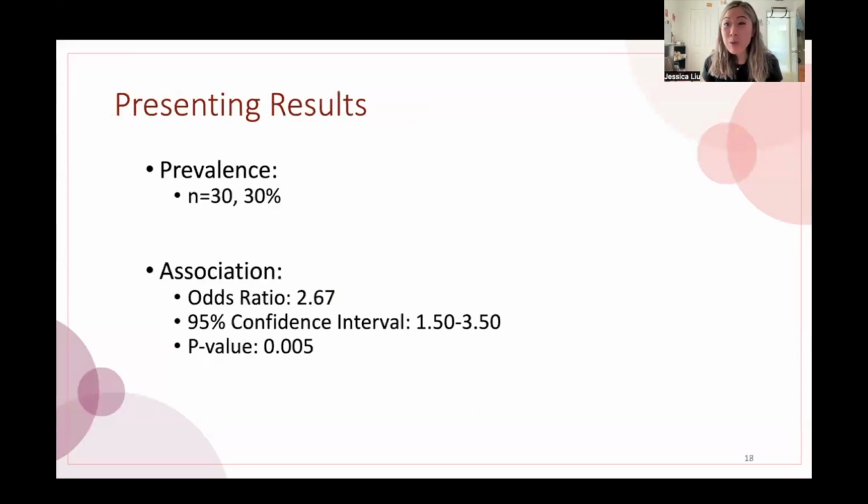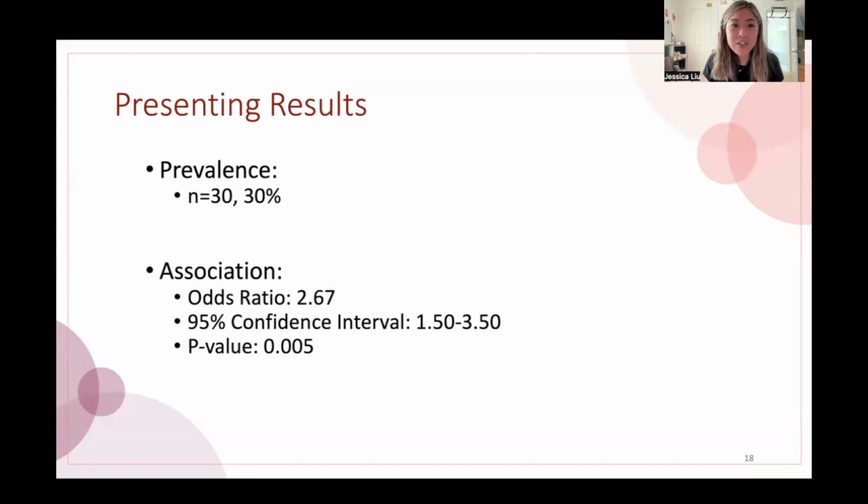Generally, the way we present a lot of these findings in papers, posters, etc., people care about the prevalence that you find. So again, that 30, or 30%, of people who use e-cigarettes out of the adolescent population of 100. Usually you provide the actual count, so 30, as well as the percentage or proportion.